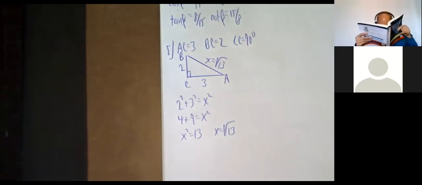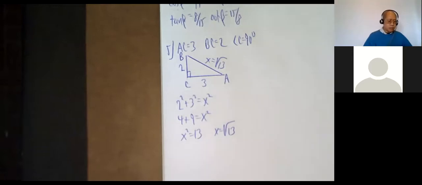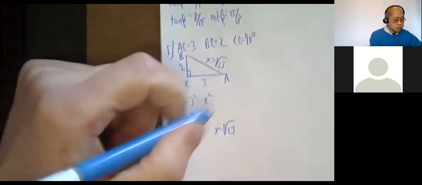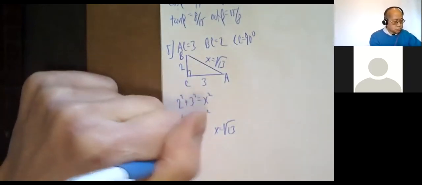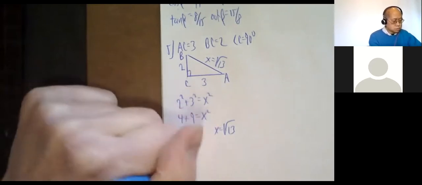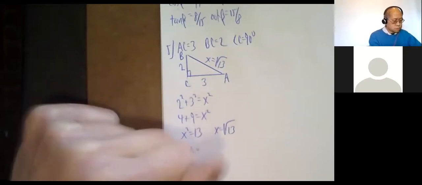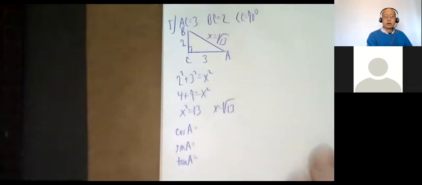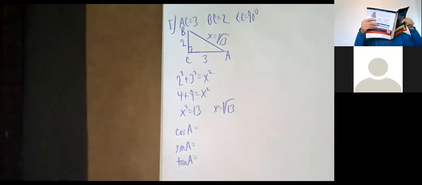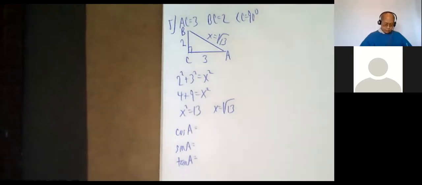All right, they ask for cosine, sine, and tangent of A. That's the order they gave it to me, so we'll give it like that.